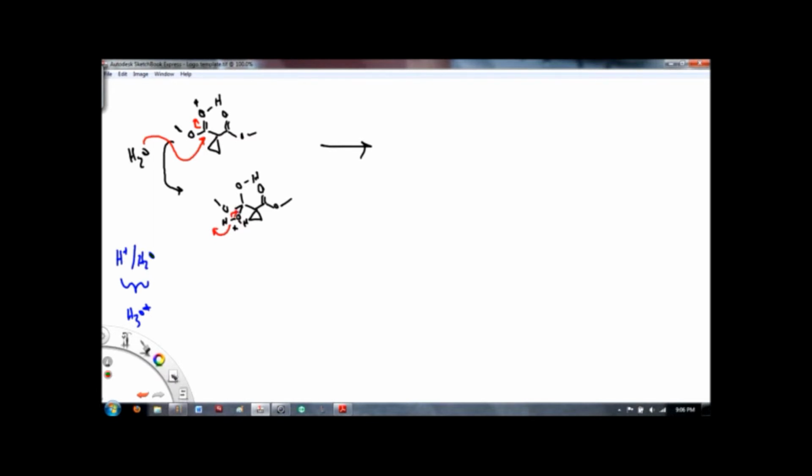These bonds can swing down here, and then at this stage we can kick out this methoxy, giving us, to draw it the way I've got it here, OH and O-methoxy. And we can imagine that the exact same thing happens again.